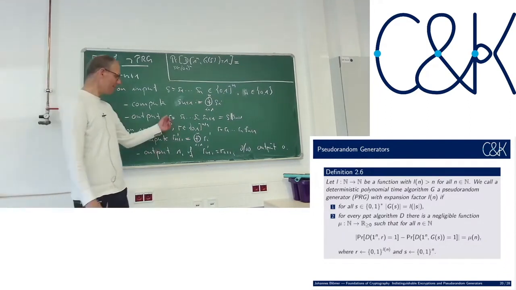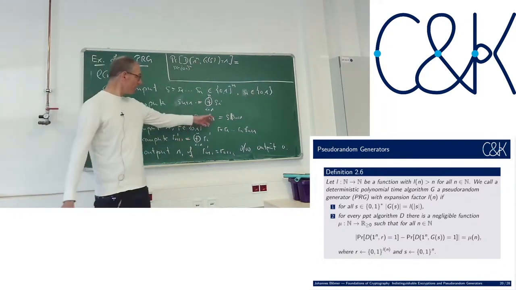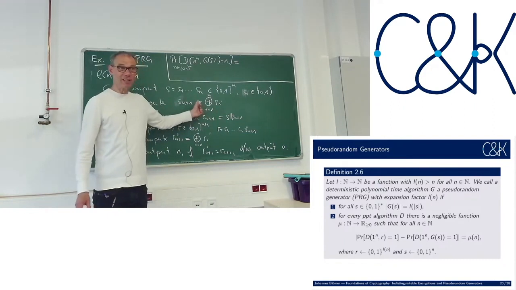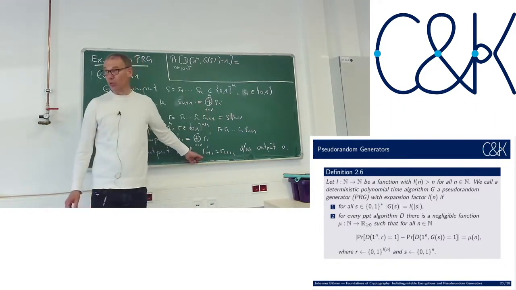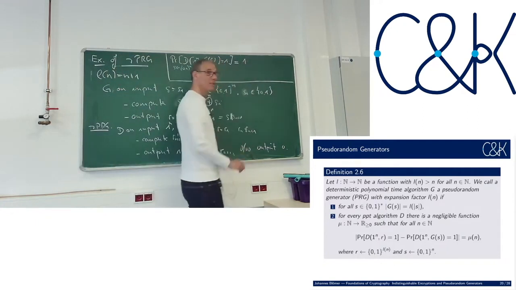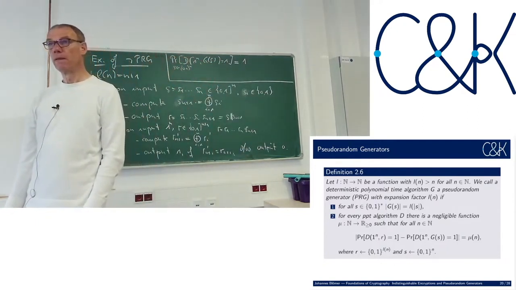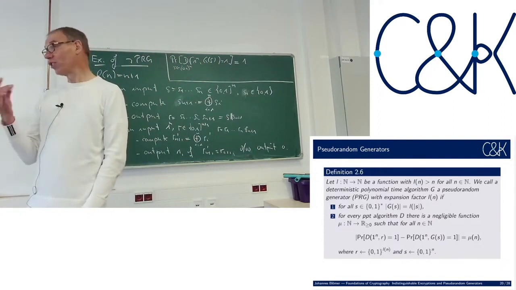If you get something that was generated as g of s, then by definition of g, this is always true. That's the way g was defined. So this is 1.